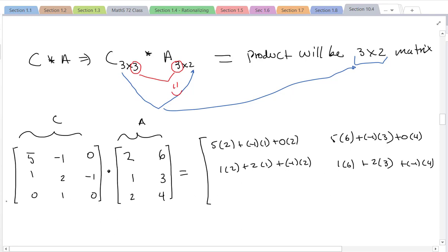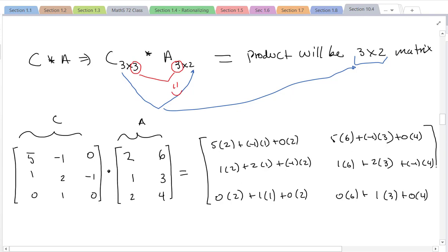And the last row will be third row times first column, and then third row times second column. So I'm going to have 0 times 2 plus 1 times 1 plus 0 times 2. And the second column, third row, will be 0 times 6 plus 1 times 3 plus 0 times 4.